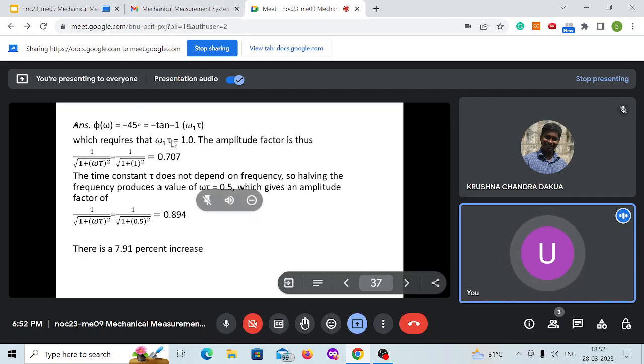The next part of the question was, what is the amplitude decrease when the frequency is halved? When the frequency is halved, omega tau is also halved, so omega tau is 0.5. There is no change in the system, just the frequency of the input signal, so tau remains the same.